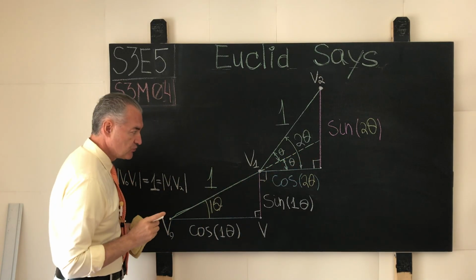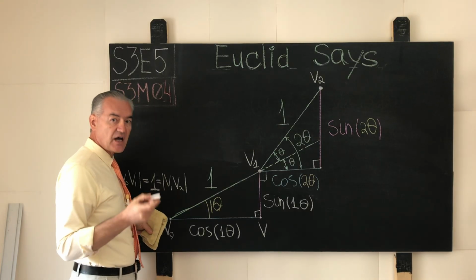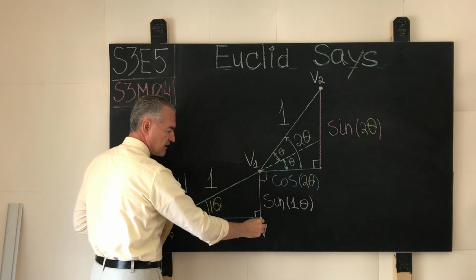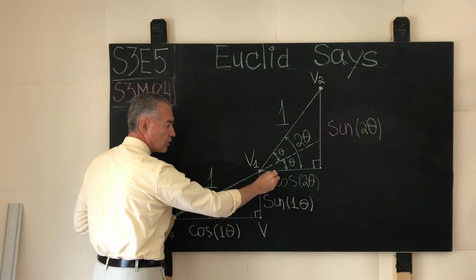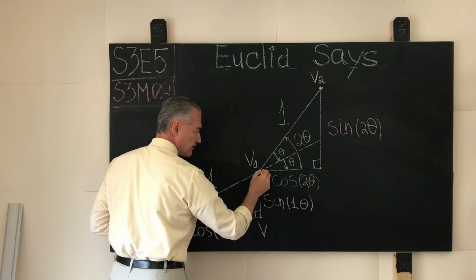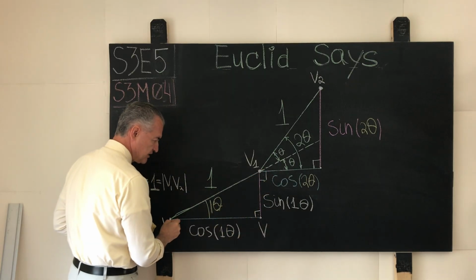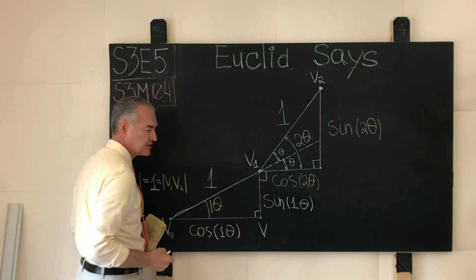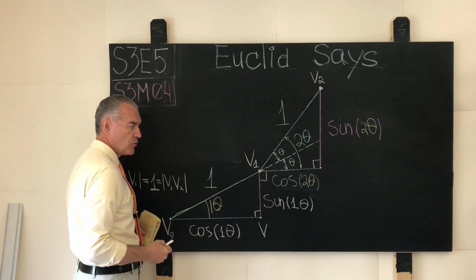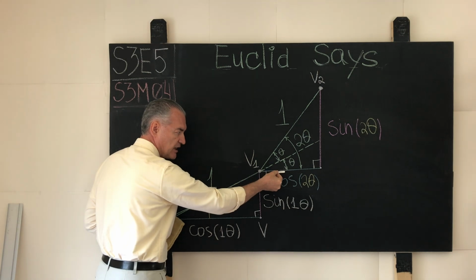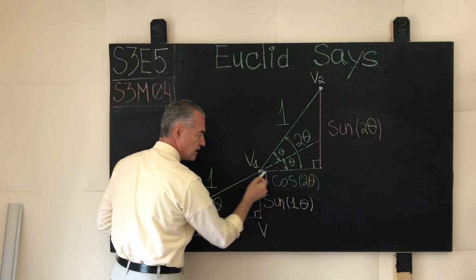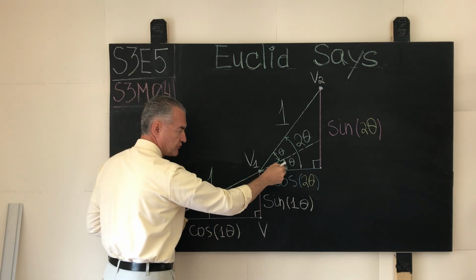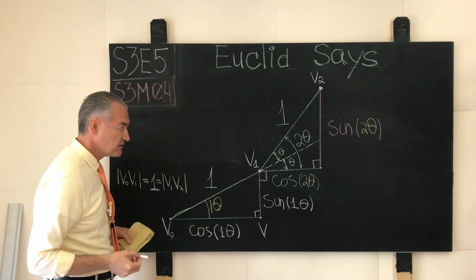And then if we carefully construct a straight line that is either perpendicular to V1, V, shown in blue here, or parallel to the straight line V0, V, it doesn't really matter as long as this angle over here is right. Then with respect to that blue straight line, this extended green hypotenuse will form which angle? The angle theta.